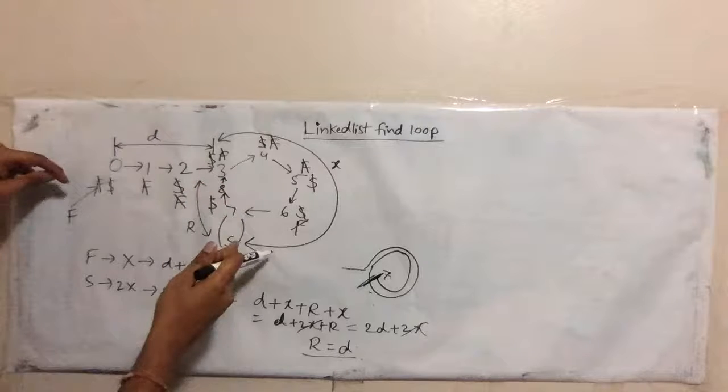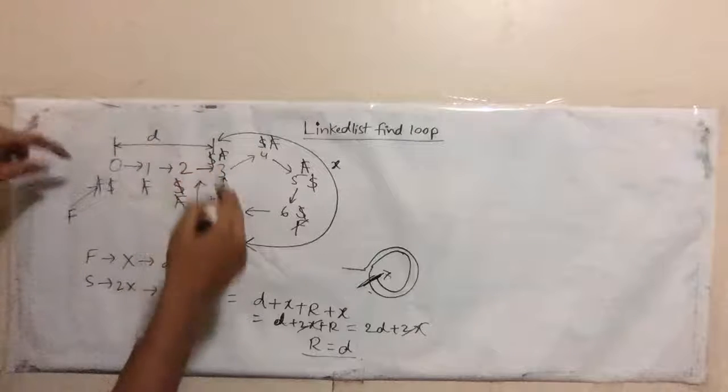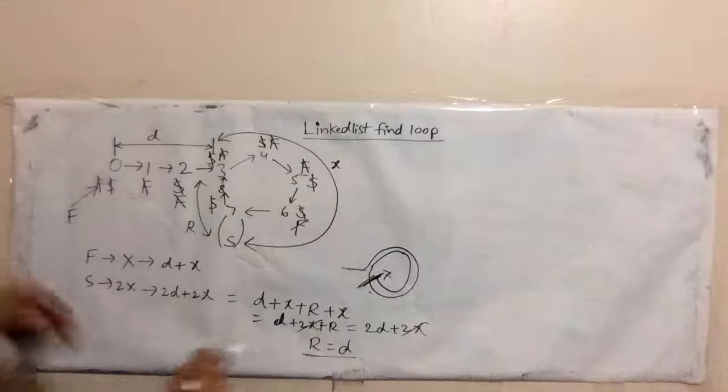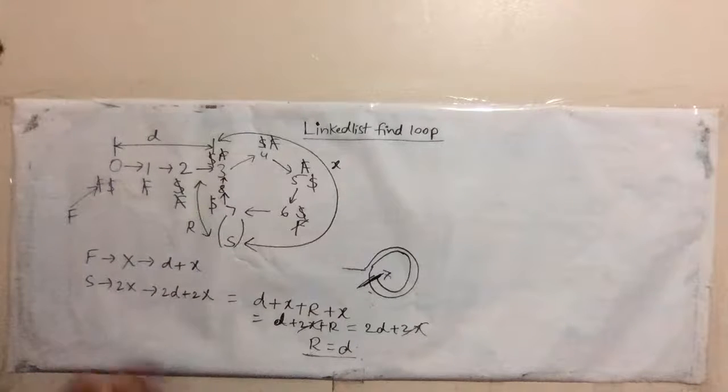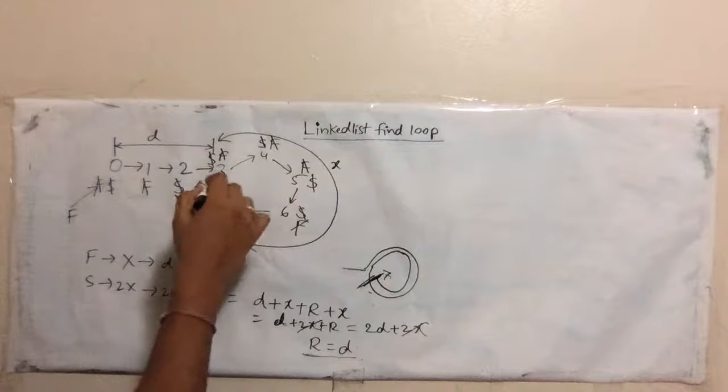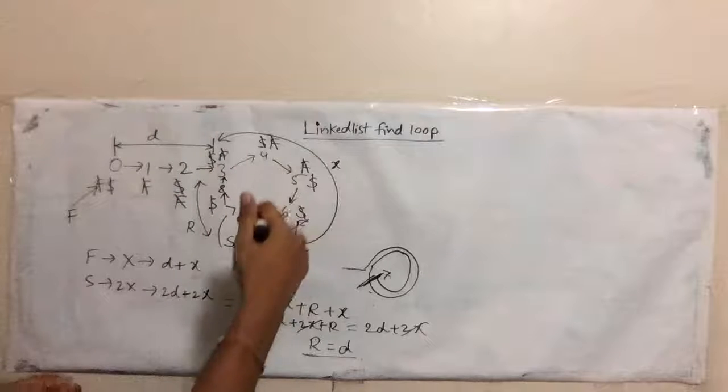Of course these will meet again at that point, because this length and this length are equal, that is r is equal to d. So whenever we reach this, we just return this node. That's it, the problem is completed.